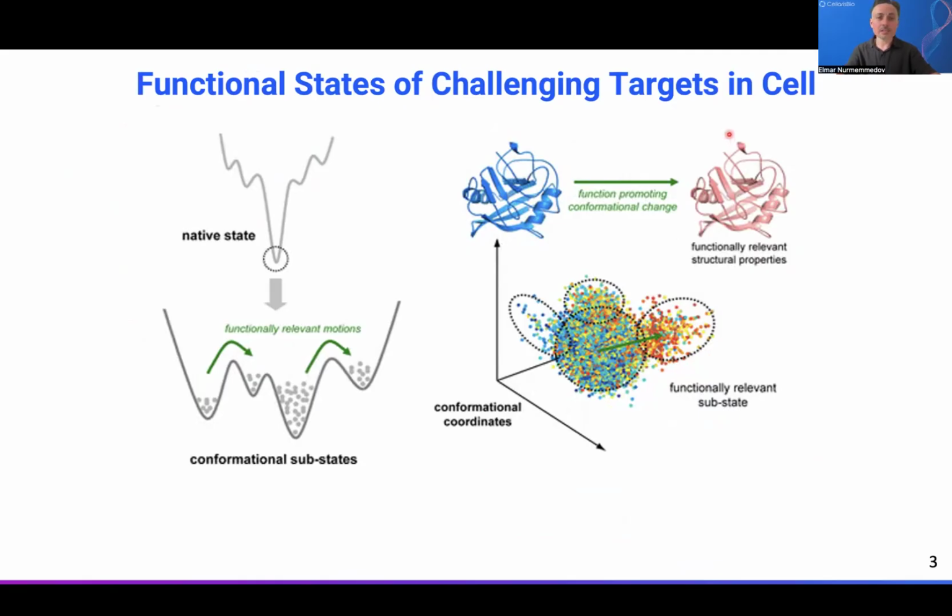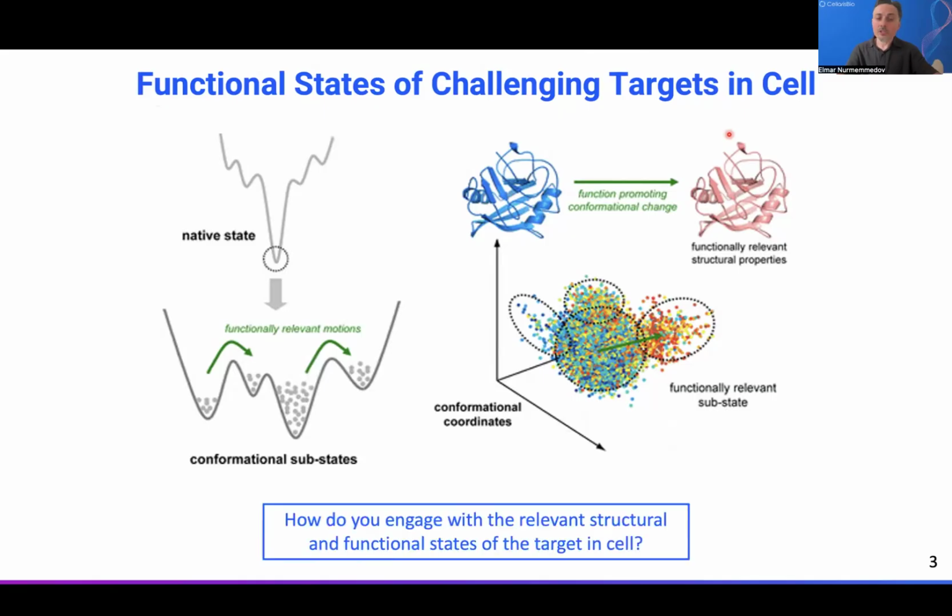As a result, these targets exist in the cell in a population of various substructures. And this is important for their function, and it's also more important from a therapeutic intervention point of view. Now, the question is, for a drug discovery purpose, how do you engage with the relevant structural and functional states of these targets inside the cell?